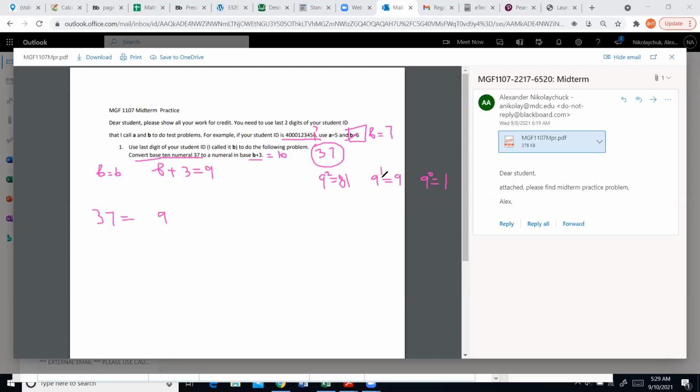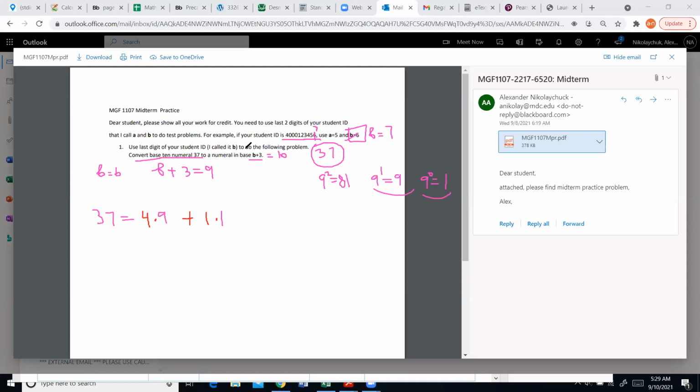So 9 is going to be the first power, and 1 will be the 0 power. I need to see how many times 9 fits into 37. 9 times 4 is 36, plus there will be 1 remaining, so it's 4, 1.